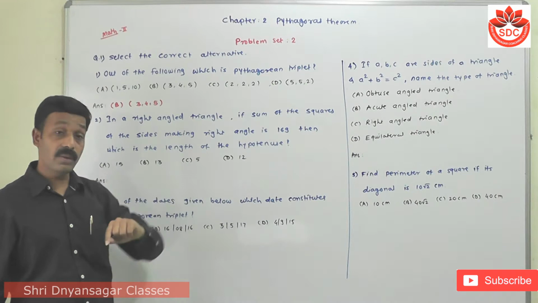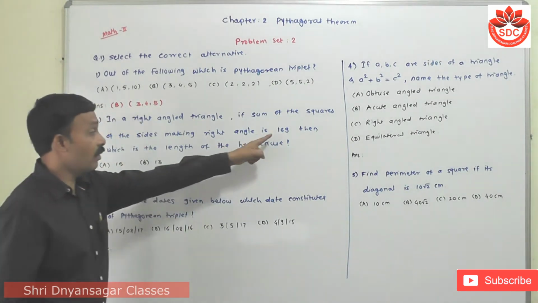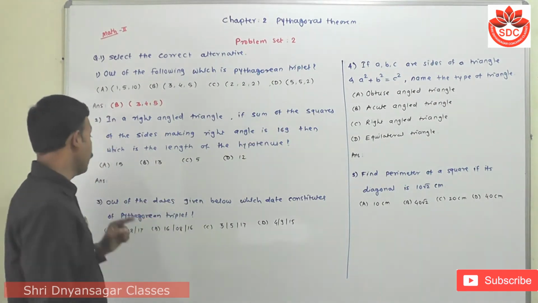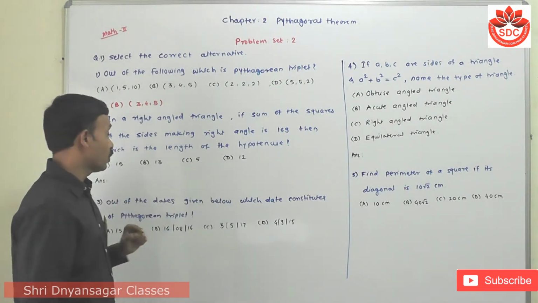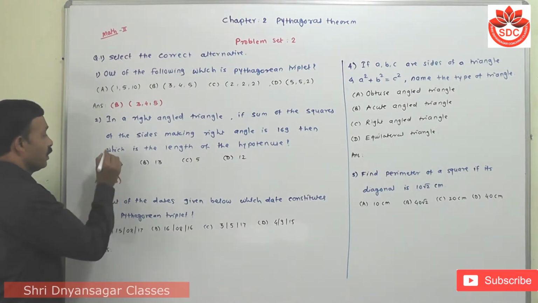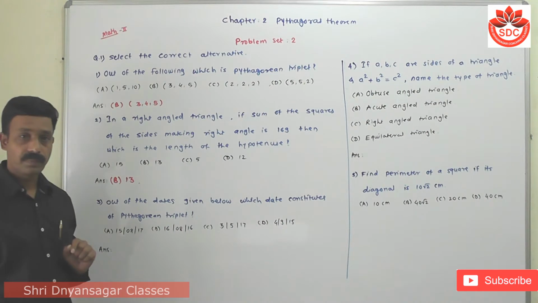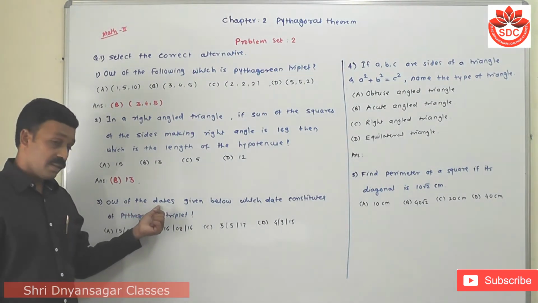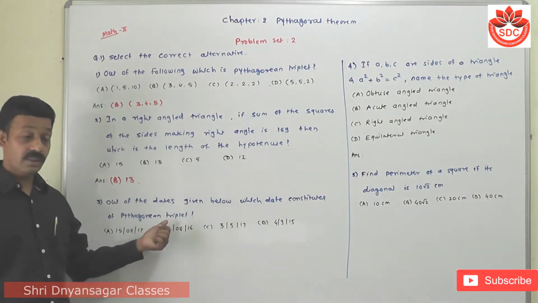We have to find its square root to get the length of the hypotenuse. The square root of 169 is 13. Observe carefully: A is 15, B is 13, C is 5 and D is 12, so our answer is B. So the answer of the second question is 13, that is B.